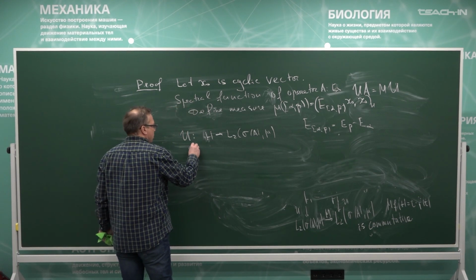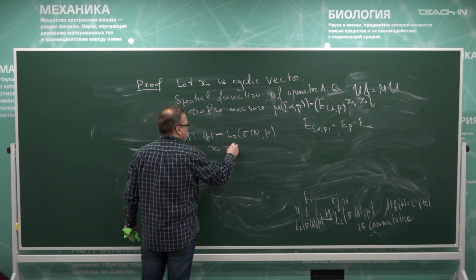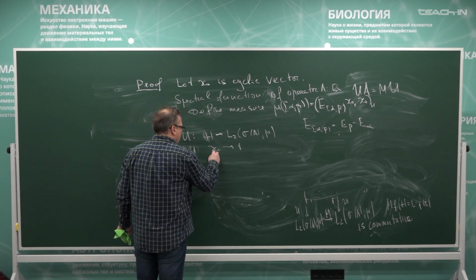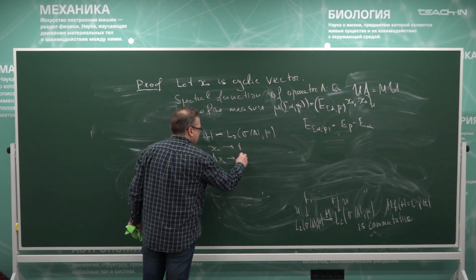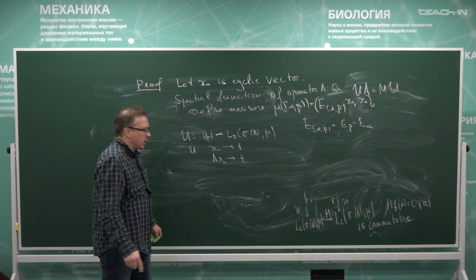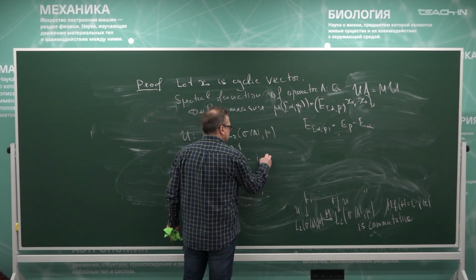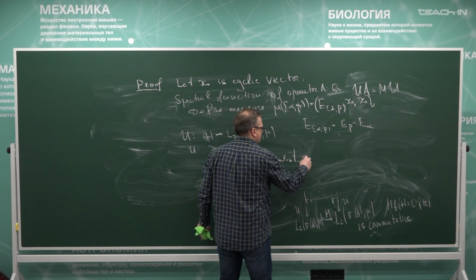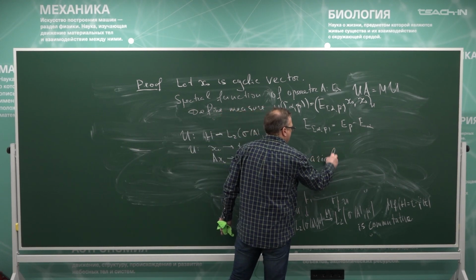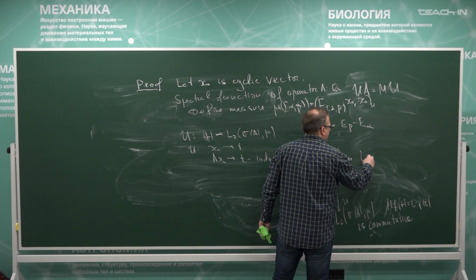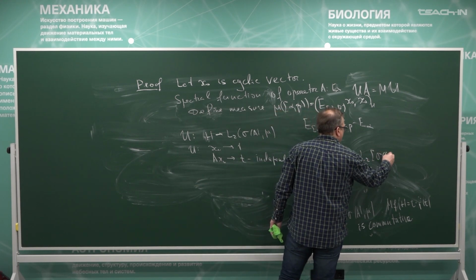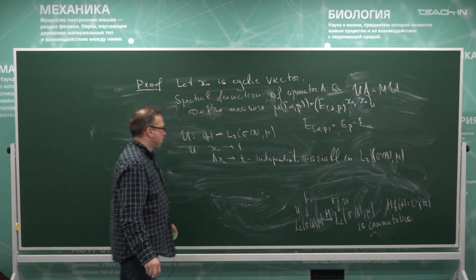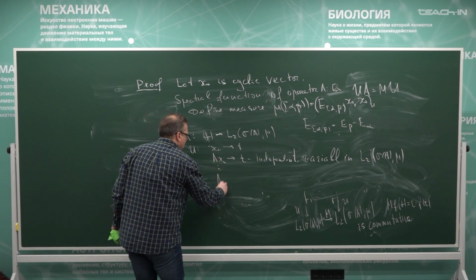Construction of this unitary isomorphism: x0 goes to 1, Ax0 goes to t, the independent variable, in L2, and so on.